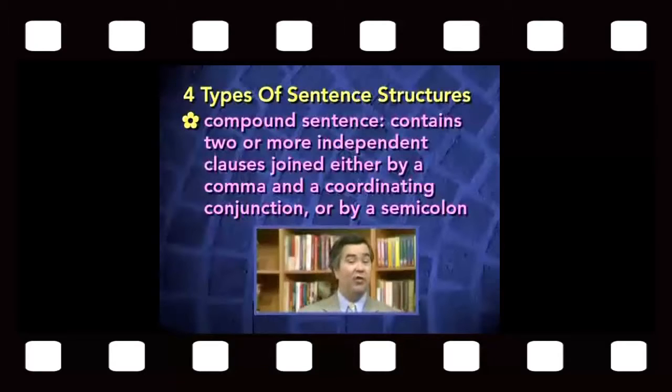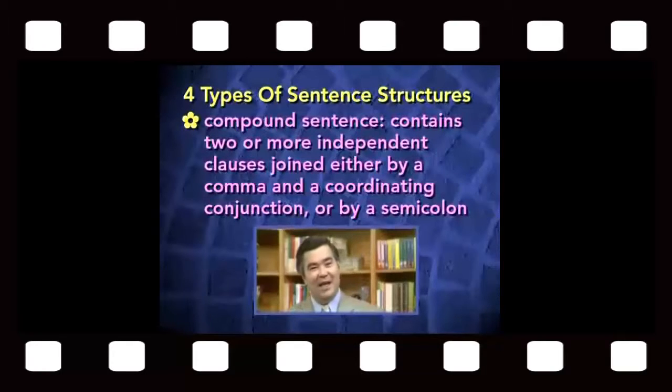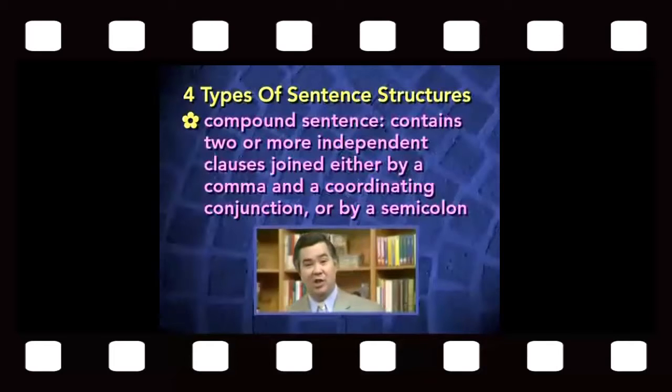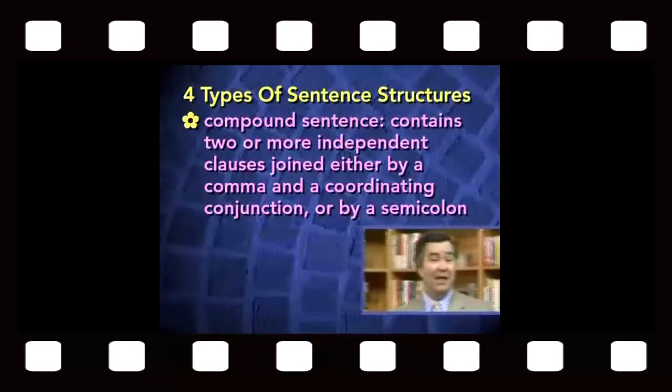Now, when you have 2 independent clauses and you want to join them together, you have to do it according to certain rules. And there are basically 2 alternatives, 2 ways of making that connection. One way is by using a comma and a coordinating conjunction. There are a few different words that are called coordinating conjunctions.